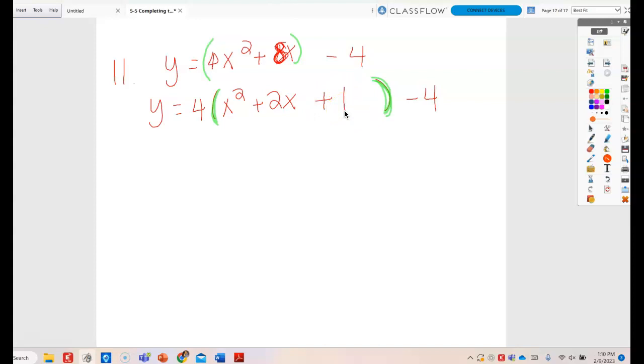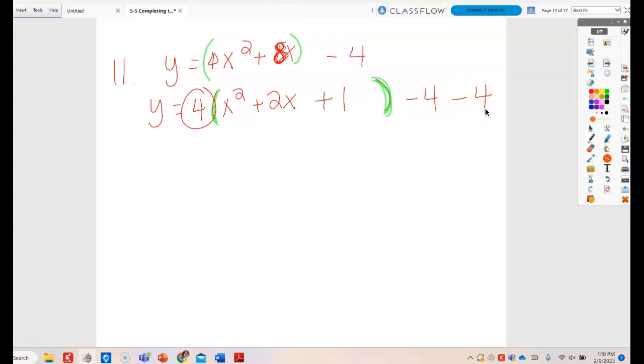To balance it, you have to also subtract it outside, right? But if I'm going to take this number to the outside, what happens out in front? Okay, 4. So I'm not just subtracting 1 on the outside, I'm subtracting 4.